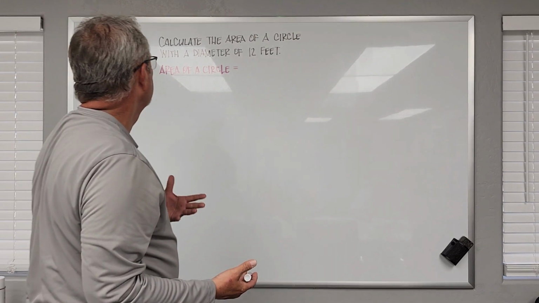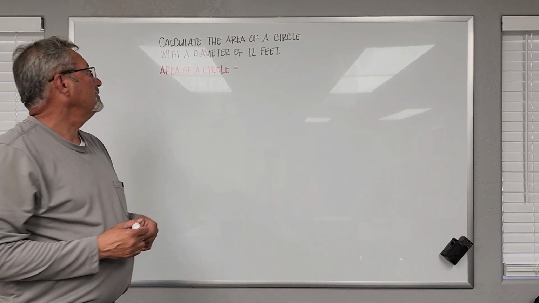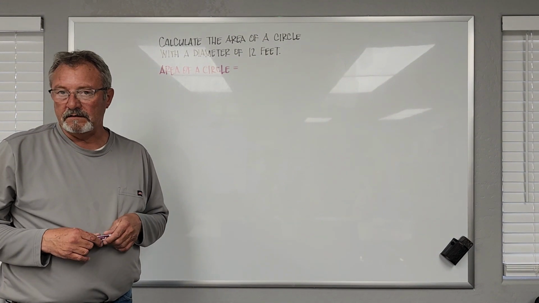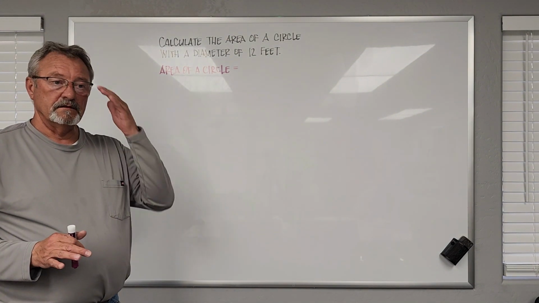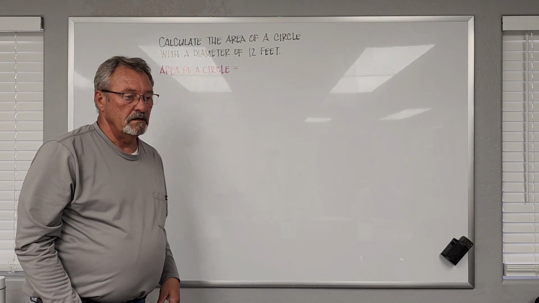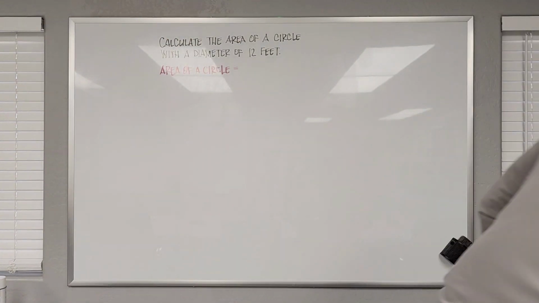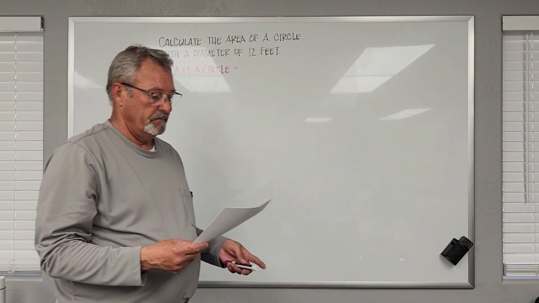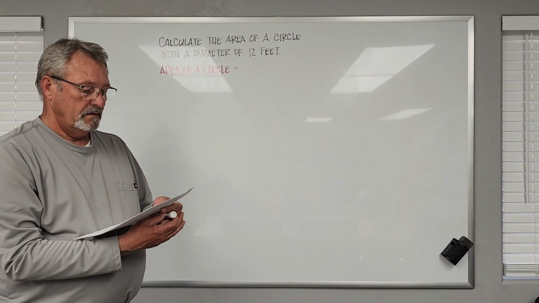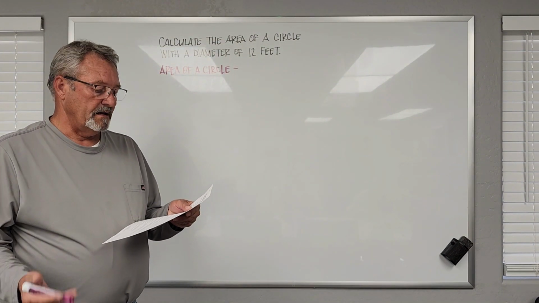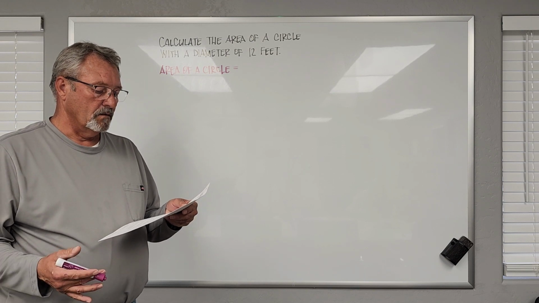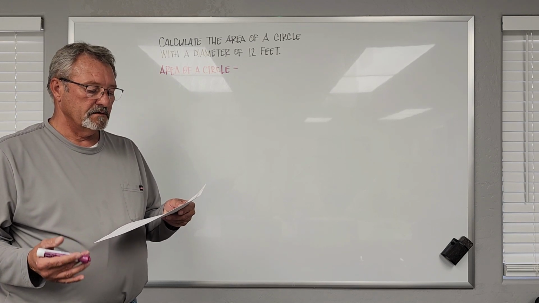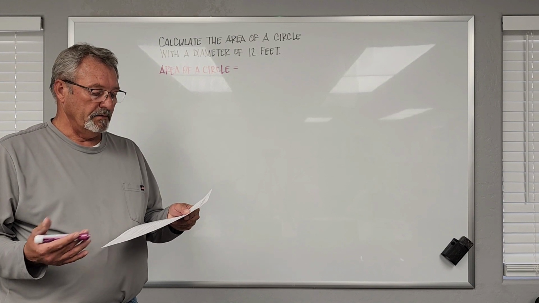So the second question is, calculate the area of a circle with a diameter of 12 feet. There's a couple of different ways to do this. You'll see in your math formula sheet, area of a circle. You have 2 choices: 0.785 times the diameter squared, or 3.14 times the radius squared. 3.14 is pi.